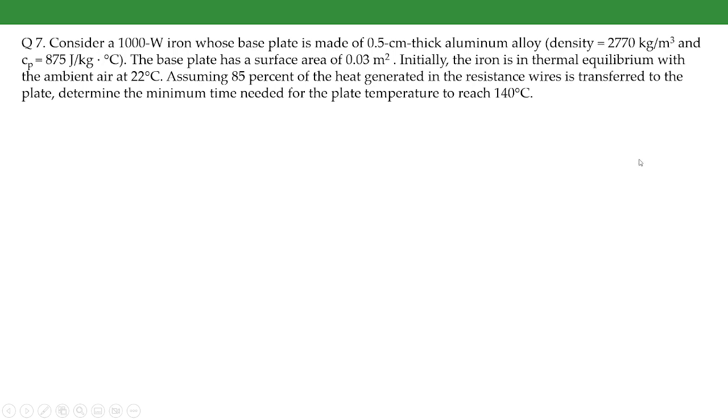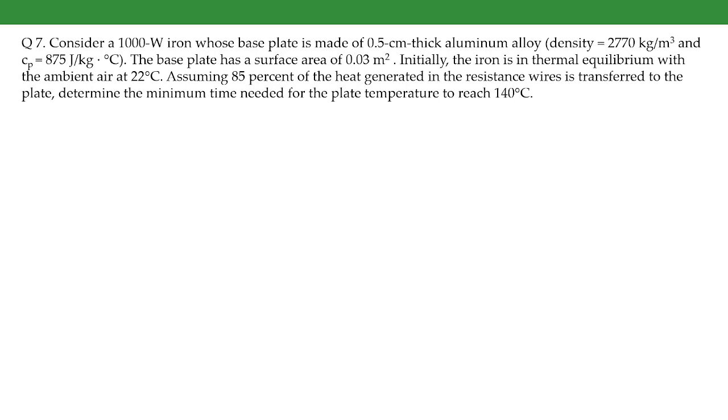So, consider a 1000-watt iron. Most of us have been pressing our clothes using an iron since long, right? So this kind of problem should also be quite practical for all of us.